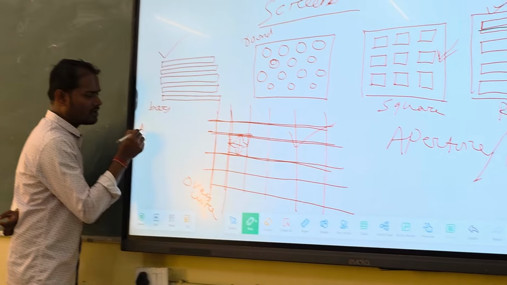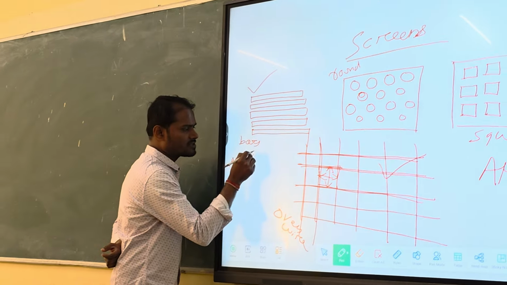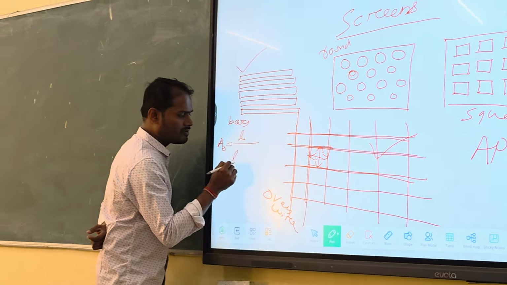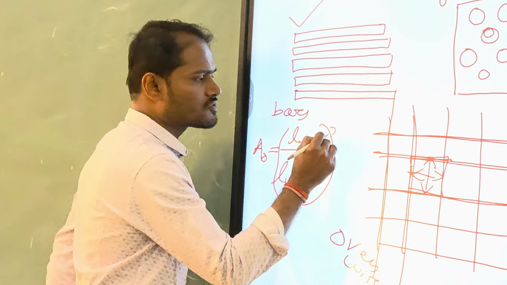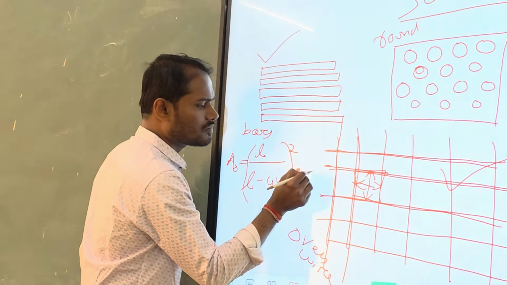It's the length divided by length, this is the diameter, squared, into 100.